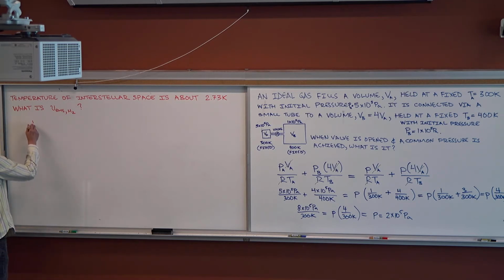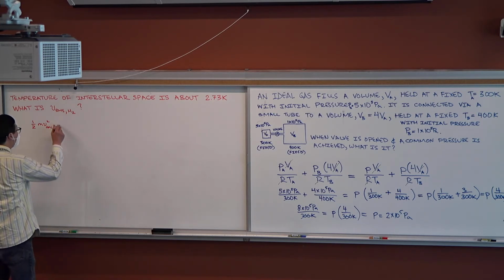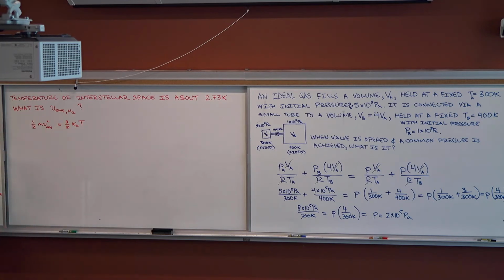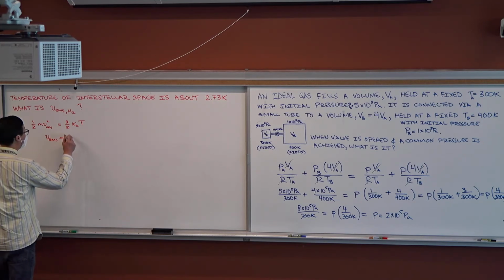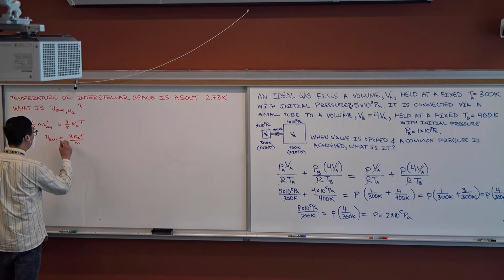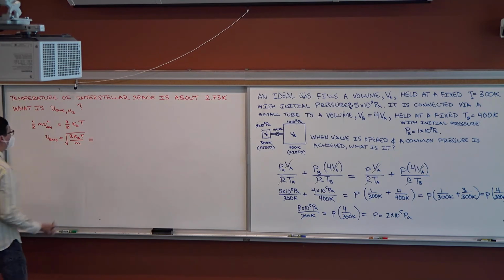So we had half m V RMS squared is equal to 3/2 kBT. So V RMS then should be the square root of 3 kBT over m.